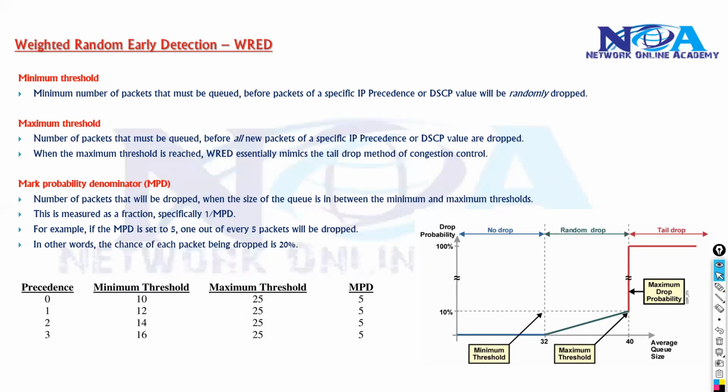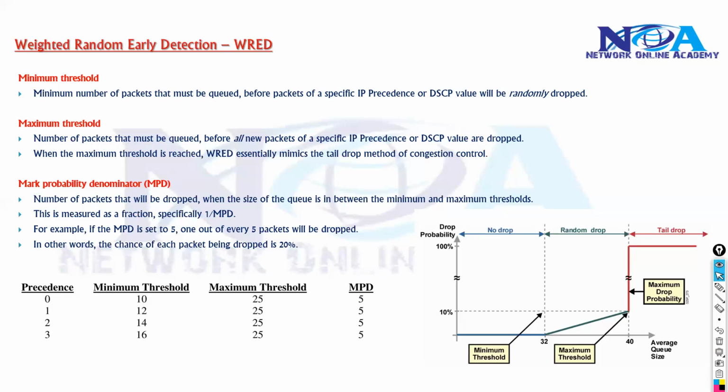The simple thing is that it does random drop in between these thresholds, and when it is doing random drop, the MPD decides the ratio or percentage of packets to be dropped. Here 1 by MPD means 1 by 5, so out of 5 packets, 1 packet will be dropped. If I give the value 10, out of 10 packets, 1 packet will be dropped. That is how random drop happens based on the MPD denominator values.